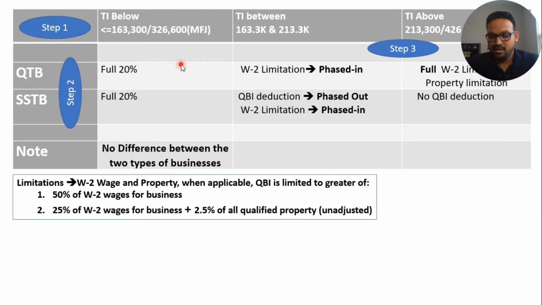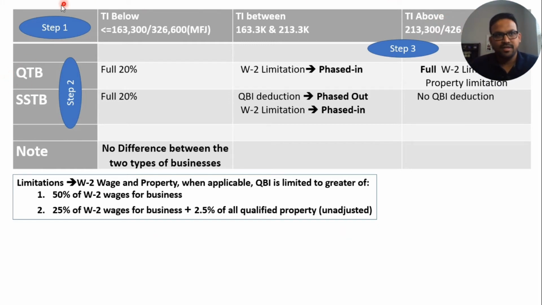So you will see that the deduction for income below 163,300 is 20% for both, and there are limitations when your income is between these two numbers, and there is no deduction for SSTB if your income is above 213,300, but there is full limitation for W-2 and property if your income is above 213,300 and you are QTB.